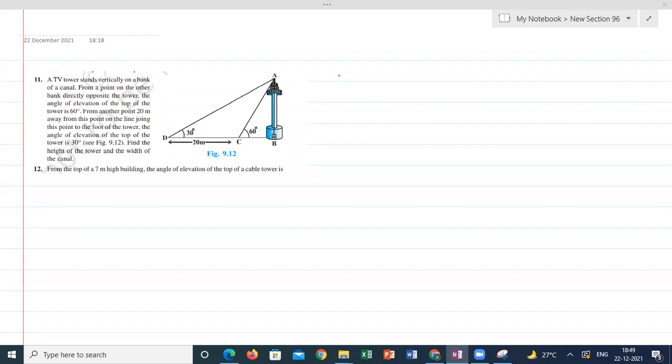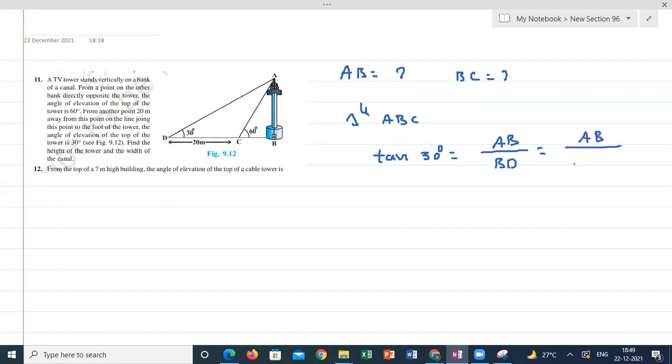AB is the tower height. He's asking the value of BC. AB is how much? BC is how much? So, if I'm taking triangle ABD, tan 30 is AB by BD. AB by BD means AB by 20 plus BC.